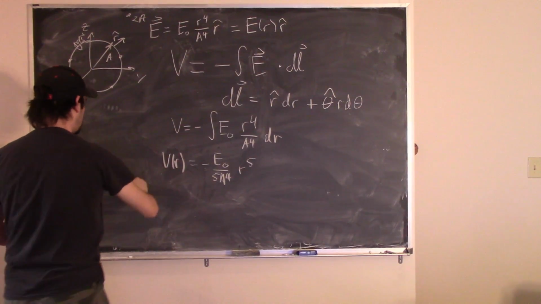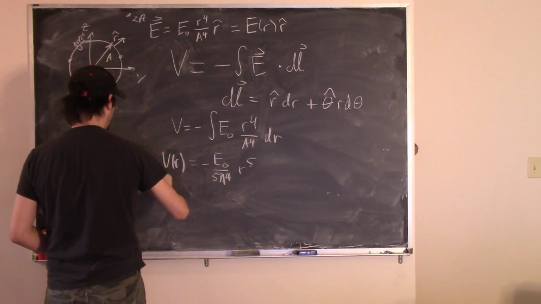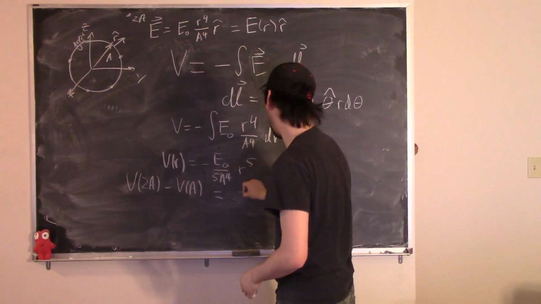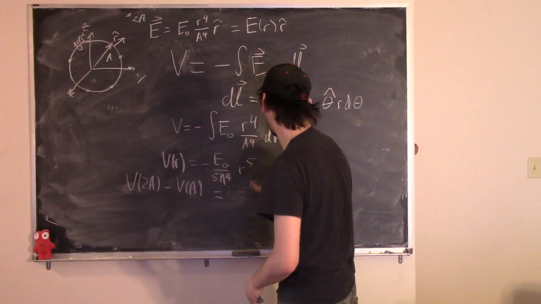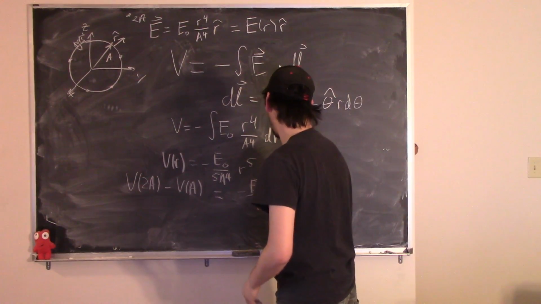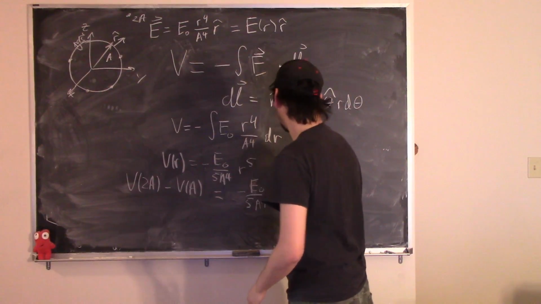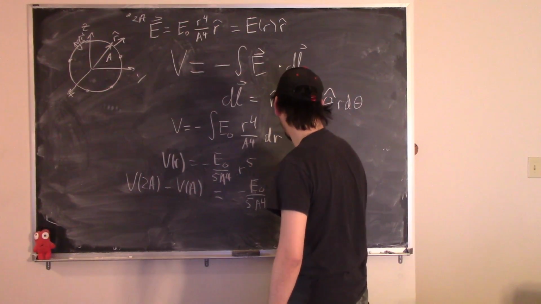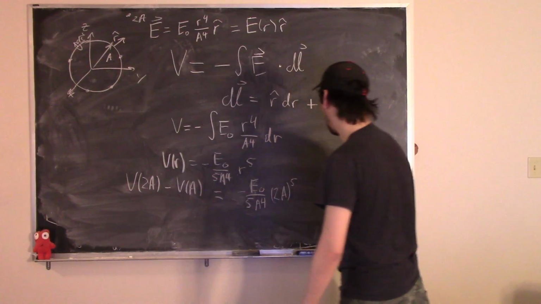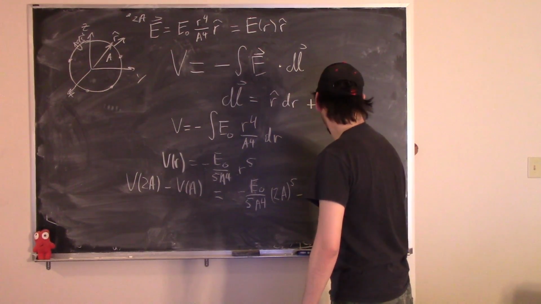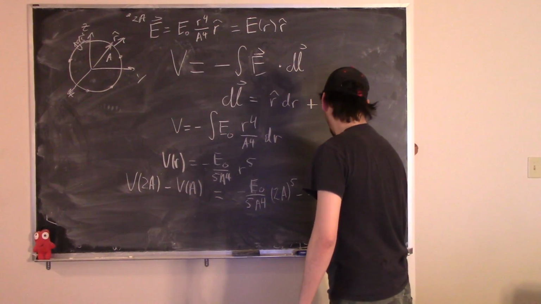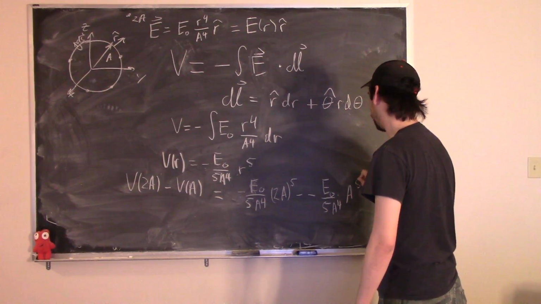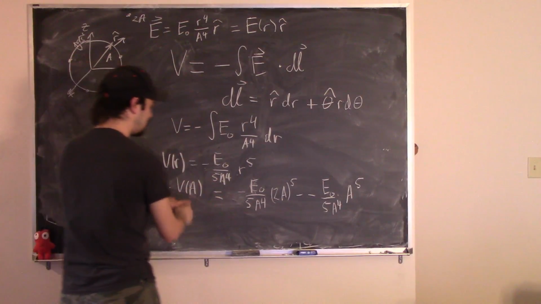And so in order to do that, what we say is that V at 2a minus V at a is going to be equal to minus E0 divided by 5 a to the fourth times 2a to the fifth, minus a negative E0 divided by 5a to the fourth times a to the fifth. Okay, I just evaluated this function at these points here.